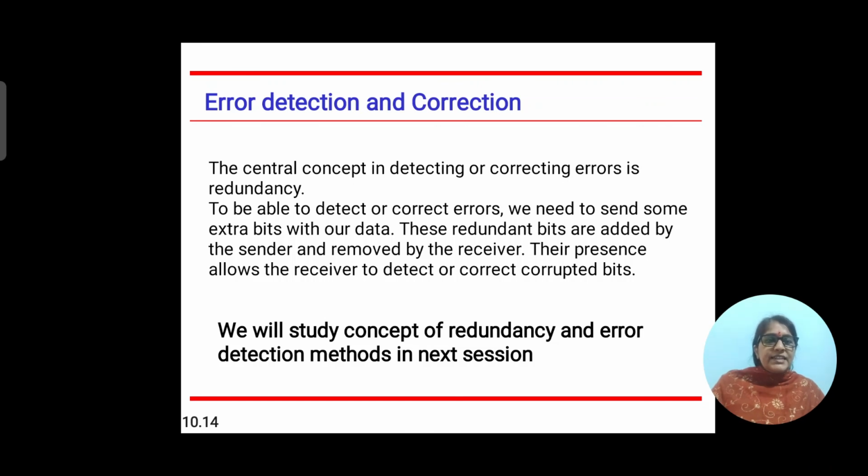The central concept in detecting and correcting errors is redundancy. To be able to detect or correct errors, we need to send some extra bits with our data. These redundant bits are added by the sender and removed by the receiver.